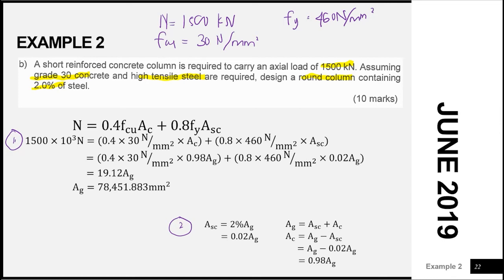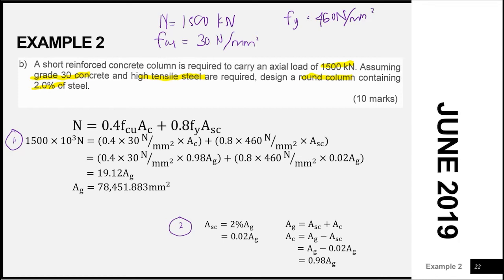Sebab dia adalah combination of concrete dan area of steel. So, kalau area of steel adalah 2%, area of column adalah 98% lah, balance dia kan. Campur 2 jadi area of column tu ataupun gross area of column jadi 100% lah kan. So, 100% 100 bahagi 100 adalah 1. So, 1 AG tu maksud dia. So, 1 gross area of column. Maksudnya 1. Jadi, AG tu adalah 1. Okay, ataupun 100%.